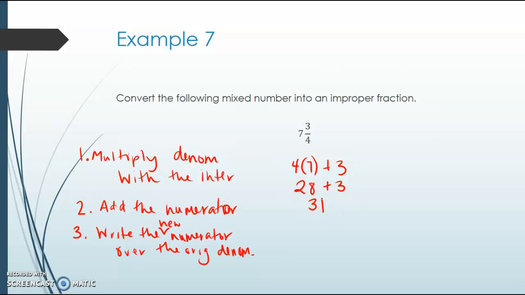We got 31 as our numerator, so our answer is going to be 31 over 4, because 4 is our denominator. And that is how we make a mixed number into an improper fraction. Multiply the denominator with the integer, and then add your numerator. That gives us our new numerator, which we put over the original denominator.